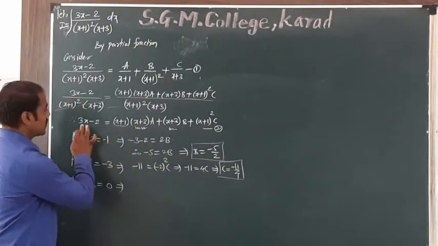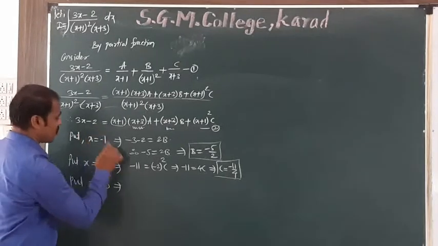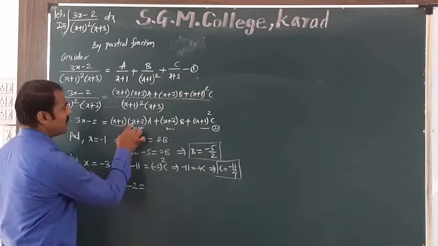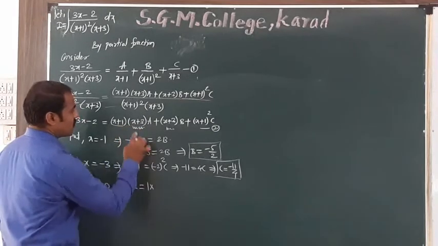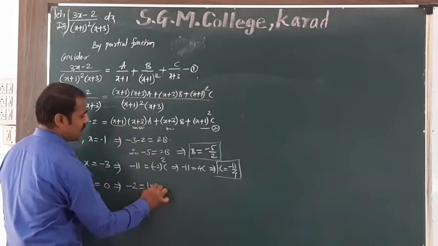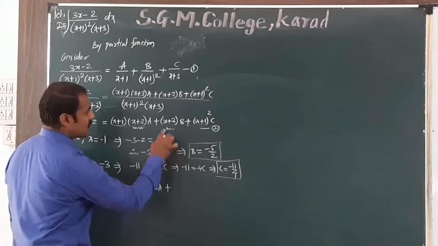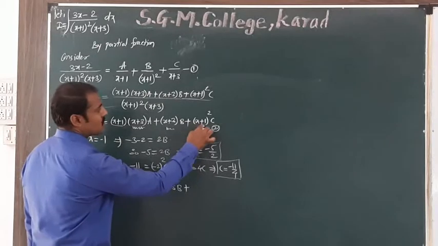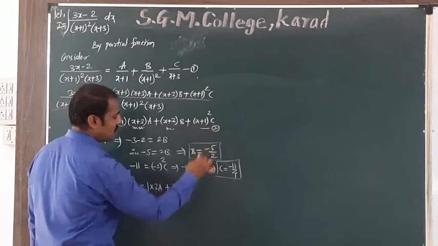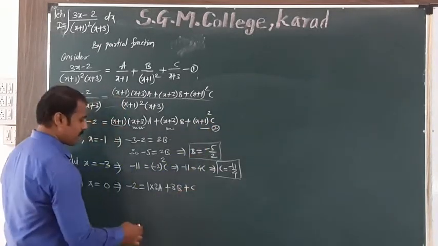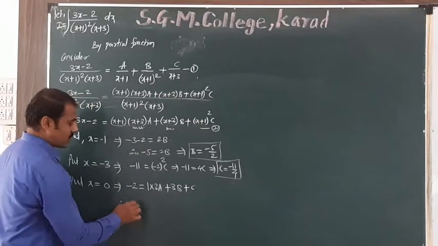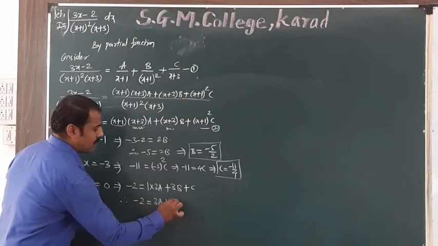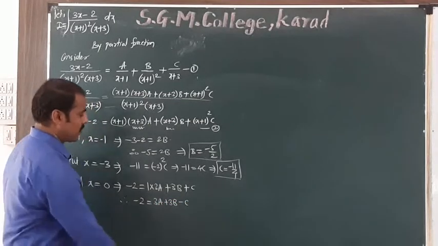Therefore 3 into 0 is 0, 0 minus 2 is minus 2, is equal to 0 plus 1 is 1, into 0 plus 3 is 3, into a, plus 0 plus 3 is 3, into b, plus 0 plus 1 is 1, 1 square is 1, into c, it's c. Therefore, minus 2 is equal to 3a plus 3b plus c.